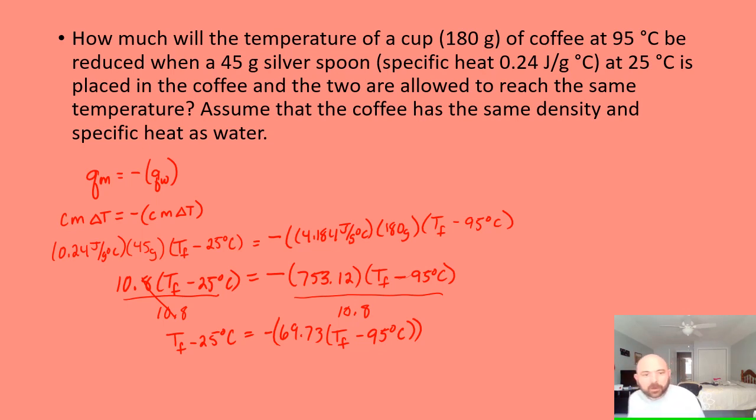At this point, I would probably go ahead and distribute the negative 69.73. So we have TF minus 25 degrees Celsius equals negative 69.73 TF plus, and that turns into a plus because of the negative sign in front. It would be minus a negative. So plus 6,624.35.